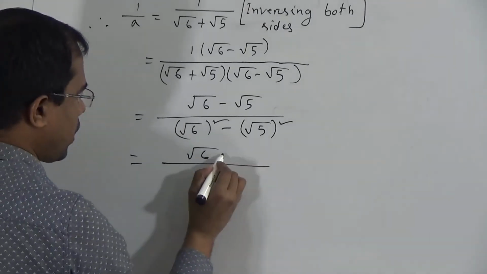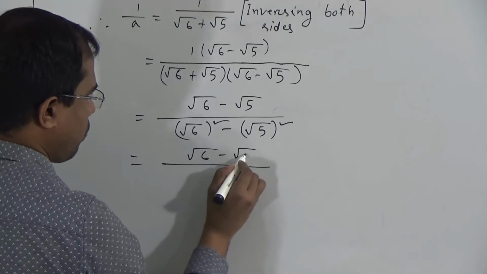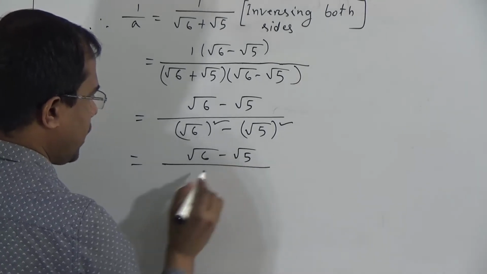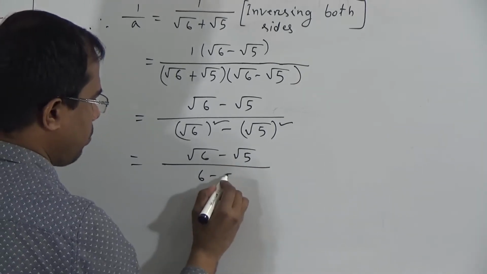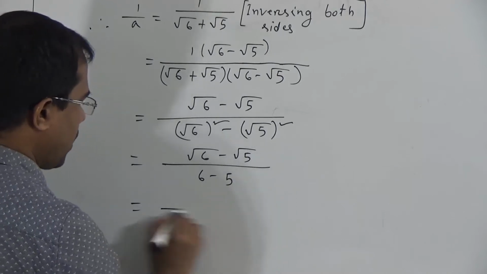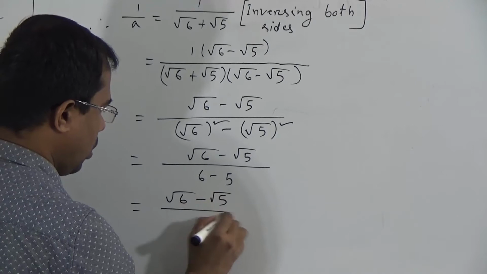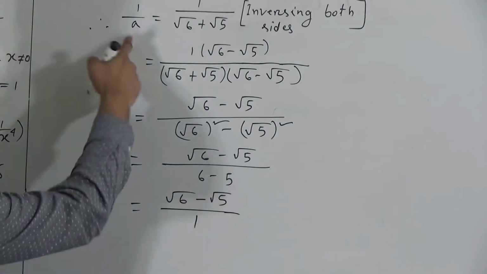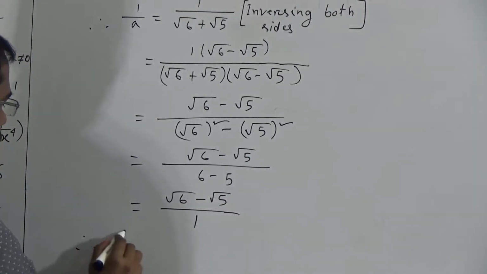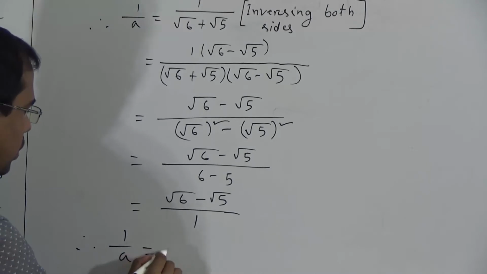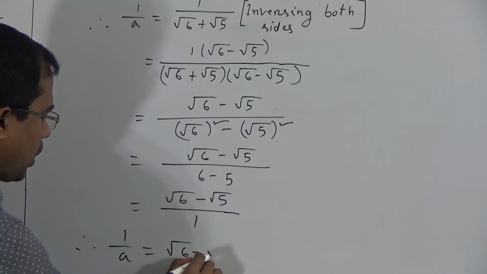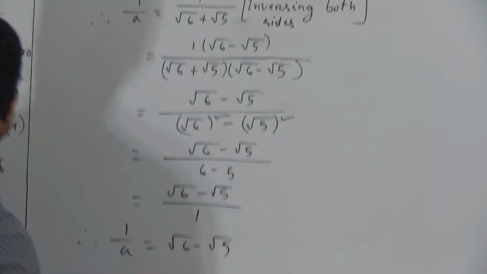In the numerator root 6 minus root 5, and in the denominator 6 minus 5. Now 6 minus 5 is equal to 1. Therefore, 1 by a is equal to root 6 minus root 5.